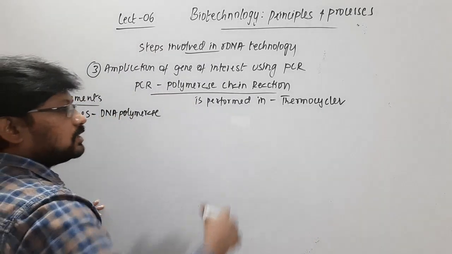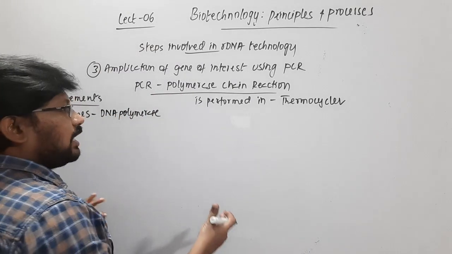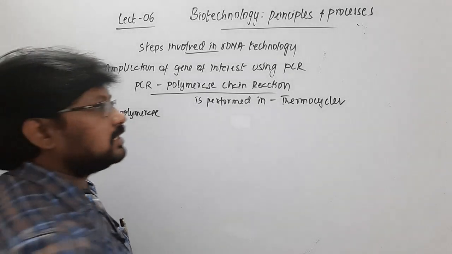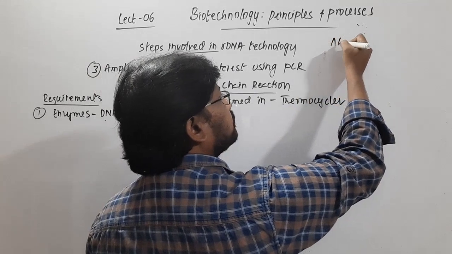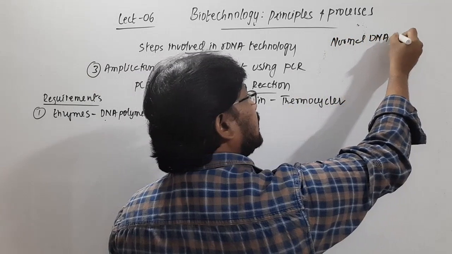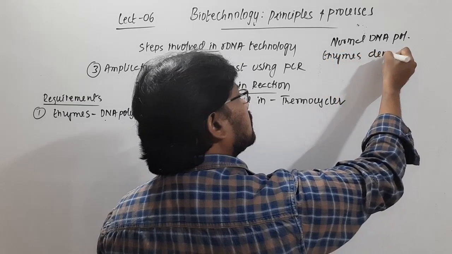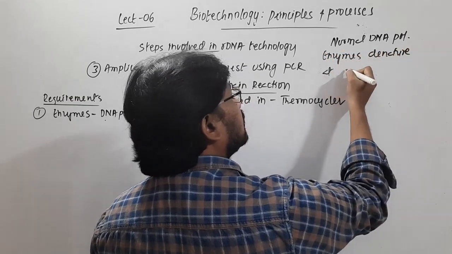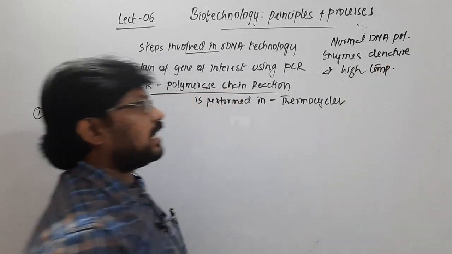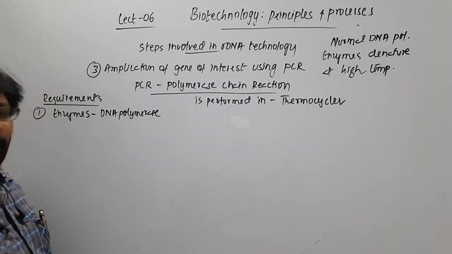When the temperature is raised to about 90 degrees Celsius, normal DNA polymerase enzymes get denatured. Normal DNA polymerase enzymes denature at high temperatures.